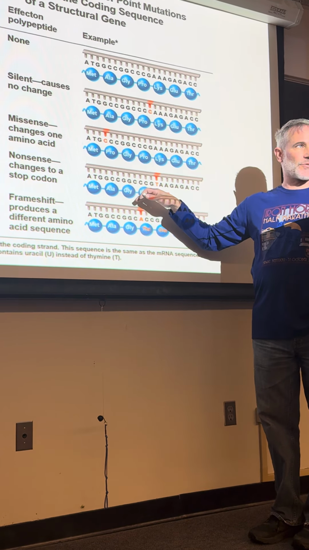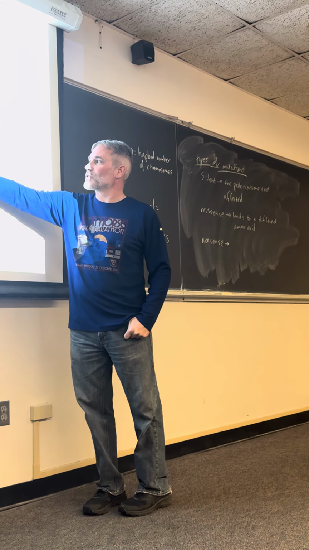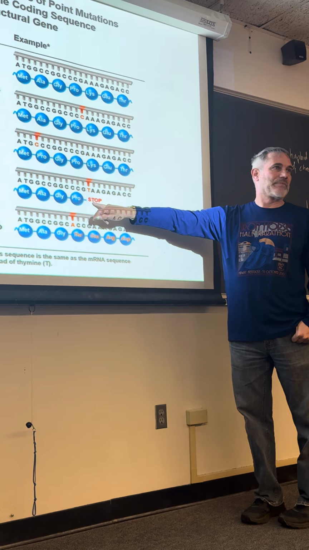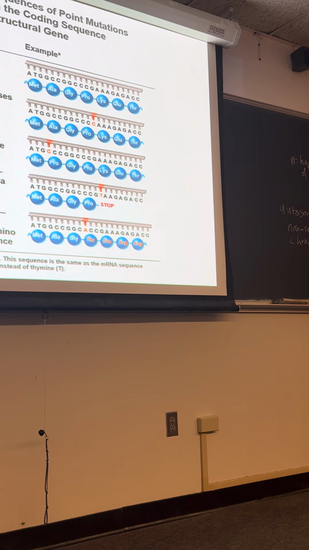And so a stop codon can exist at the end of a protein, but a mutation can happen that changes a codon that used to be something else, like lysine, to a stop codon. So that means that it's telling the ribosome to stop too early. So this leads to a stop codon in the wrong place.